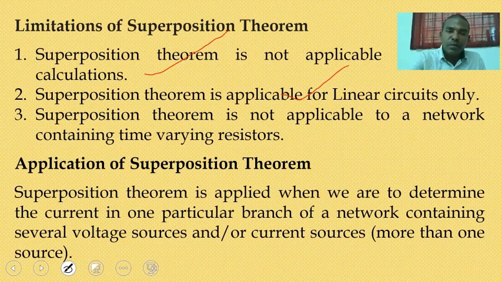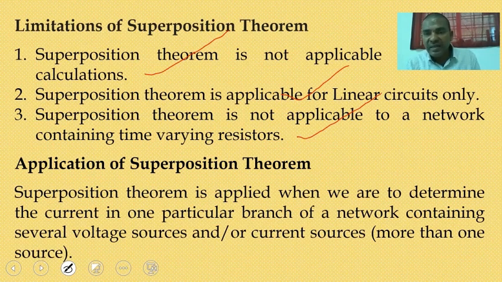And the superposition theorem is not applicable to networks with time varying resistors. If the resistance is varying, you can call it a nonlinear system, or you can call it a unilateral value of resistance.